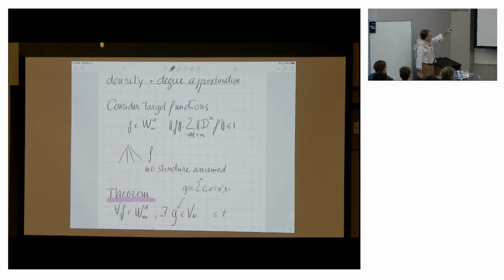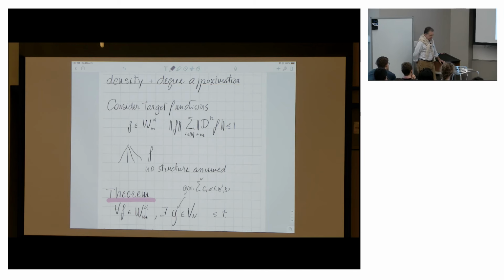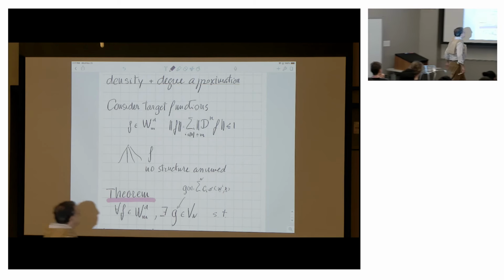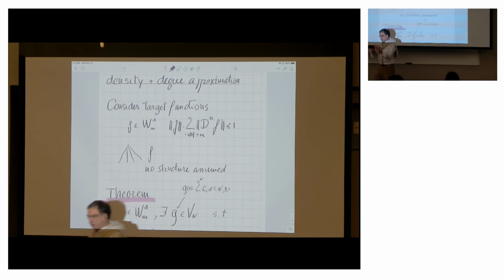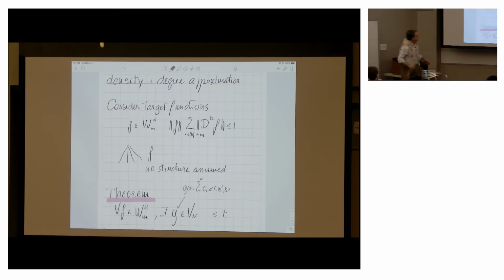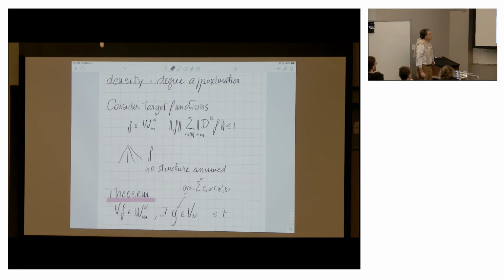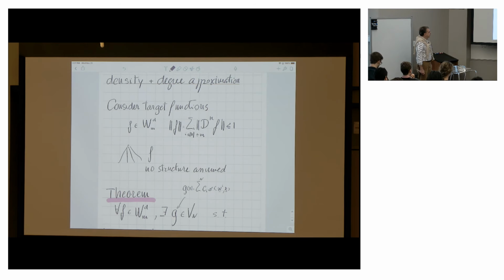So the Sobolev space, W_m^d, in my notation, has functions of d variables with smoothness m, in the sense that this norm, which is defined in terms of the derivatives of f with respect to all the variables up to degree m, is bounded. So this gives a certain smoothness to this f. Okay.